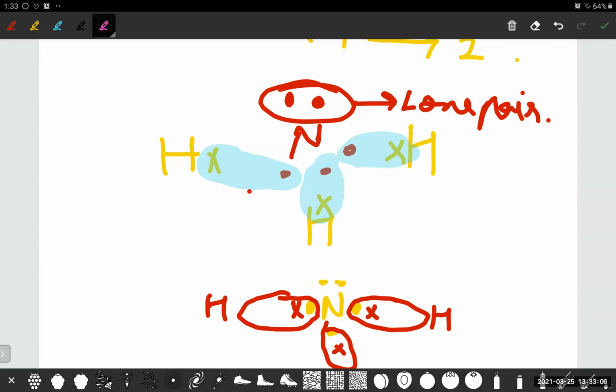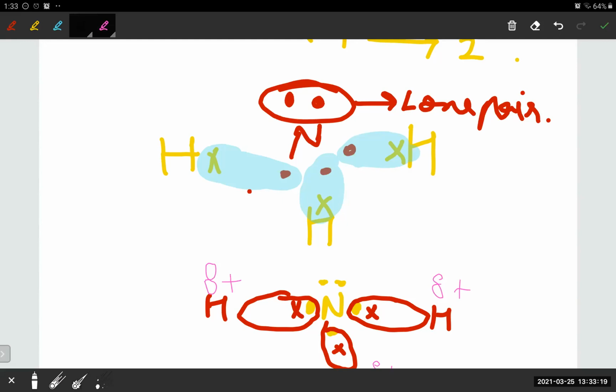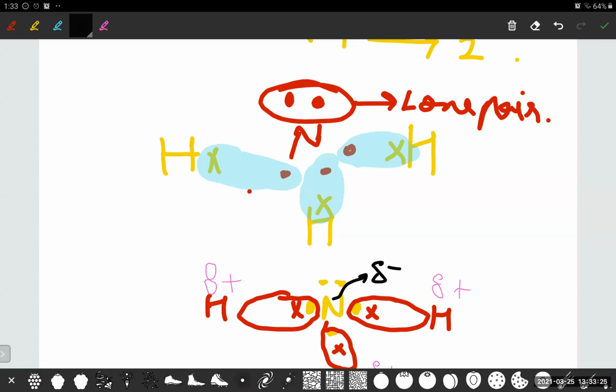Understood? So can you see that nitrogen is pulling away the electrons of hydrogens also? Yes. So what has happened? Because of this, hydrogen has developed what? A slight positive charge because of lack of electrons, and nitrogen has got what charge? Nitrogen has got slight negative charge, understood? Because of concentration of electrons. Concentration of electron is more in nitrogen and less in hydrogen, hence this charge is being formed.